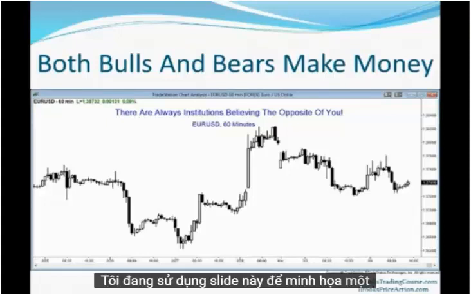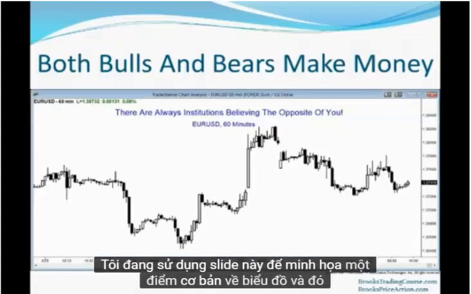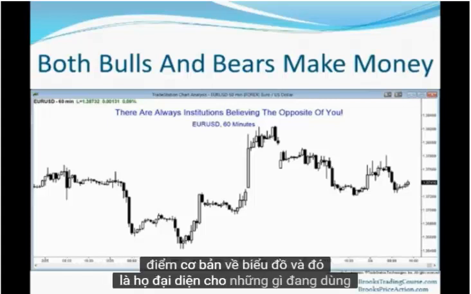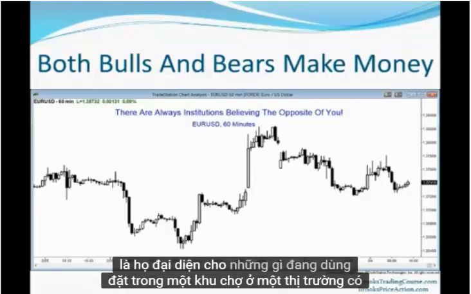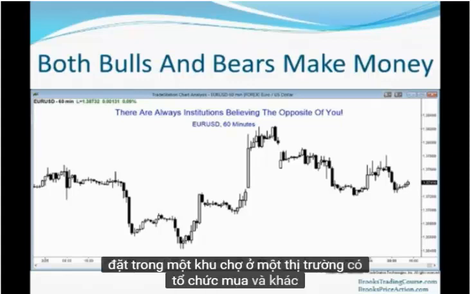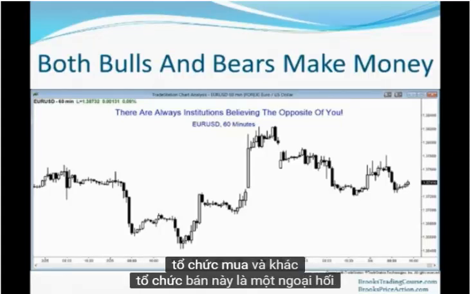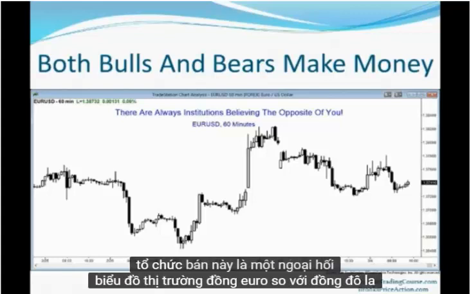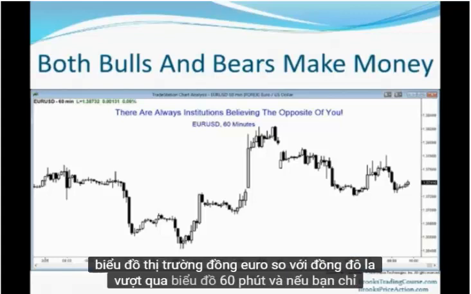I'm using this slide to illustrate a fundamental point about charts, and that is that they represent what's taking place in a market. In a market, there are institutions buying and other institutions selling. This is a Forex market chart, the euro versus the dollar cross on a 60-minute chart.